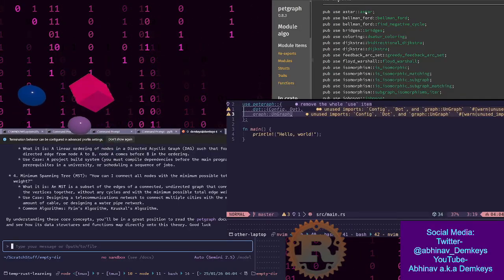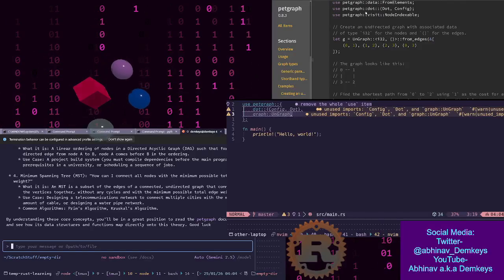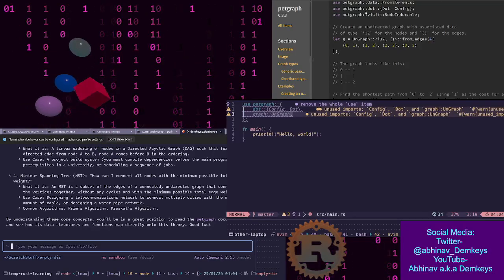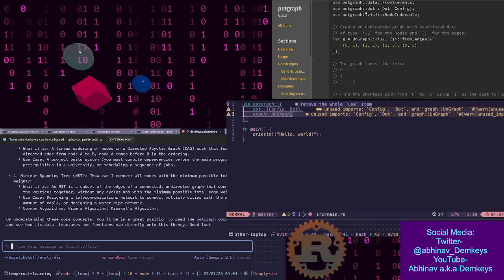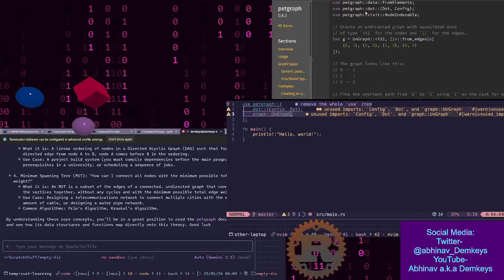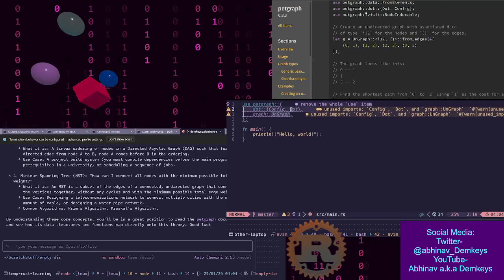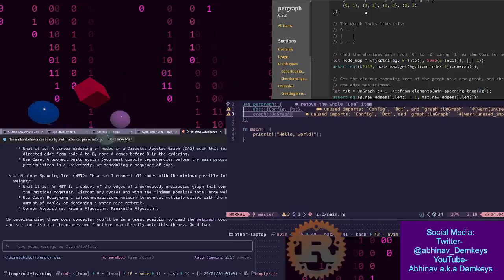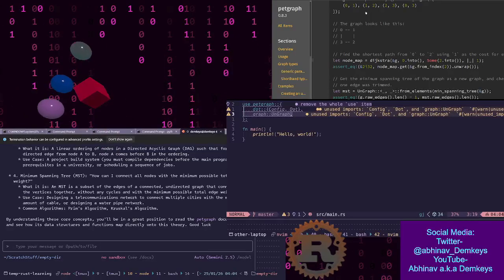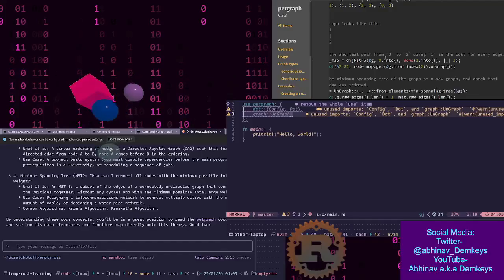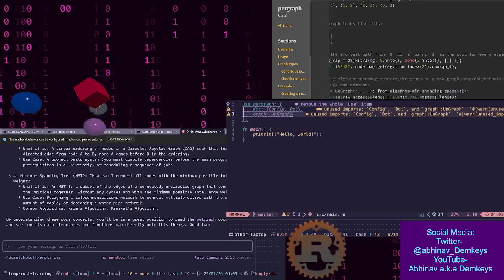I think the first thing that I should do is actually create a graph. Okay, so let's do that. The way to do that is mentioned here, so I'm just gonna set that up. There's a from elements thing. Okay, this finds the shortest path from, okay, this is already doing the traversal thing.